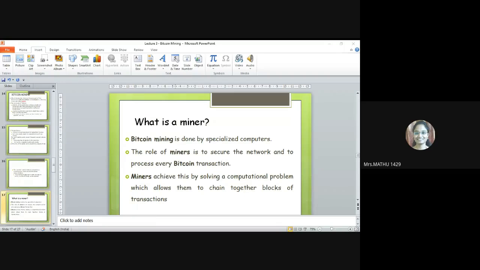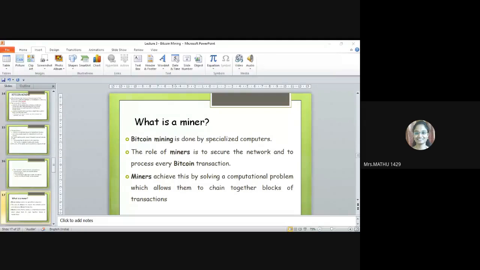It is a group of specialized computers or supercomputers which can do heavy computations. Bitcoin mining is basically done by these specialized computers. Each node will have high-power computers which can solve the computational problem.